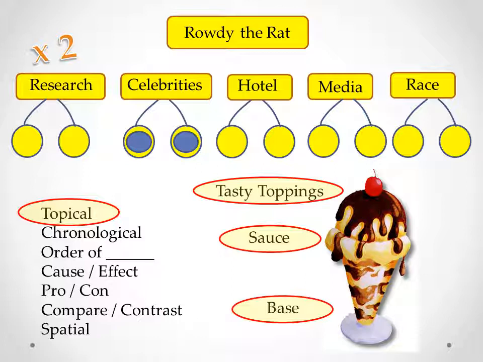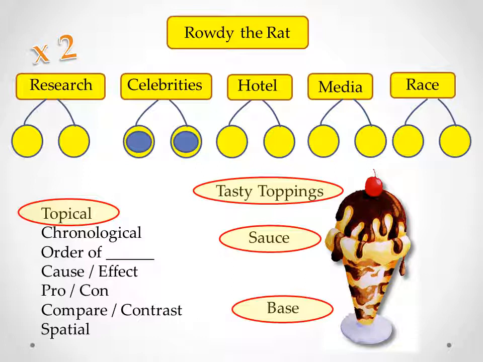In other words, what I'm trying to tell you is, don't just automatically do things topically because you can, because that's the easy way. Think about the information that you have to present, and think about, if you use one of these other arrangement strategies, how interesting it could make it for people. That's the key. Because I could do this topically, I could do it chronologically.